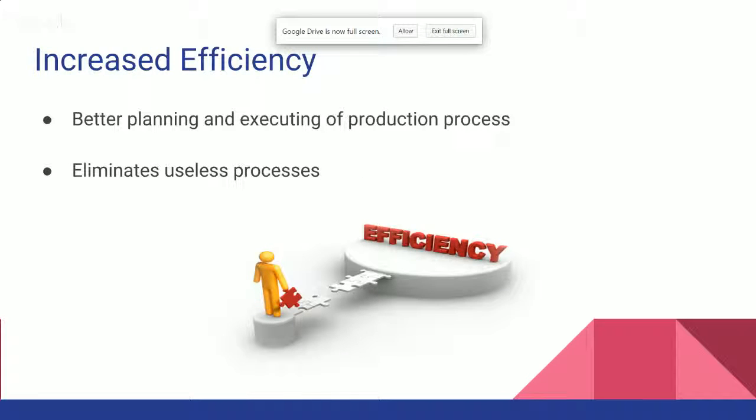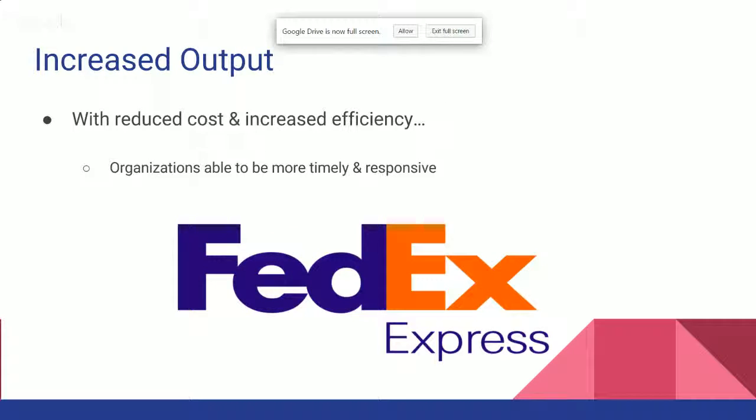Increased efficiency, playing off of that: with better planning and executing of the production process, it eliminates useless processes involved and therefore increases the efficiency, and there's a lot less wasted time involved in this process. With regards to output, with both the reduced cost and efficiency increased, organizations are more able to produce their products in a timely and more responsive manner.